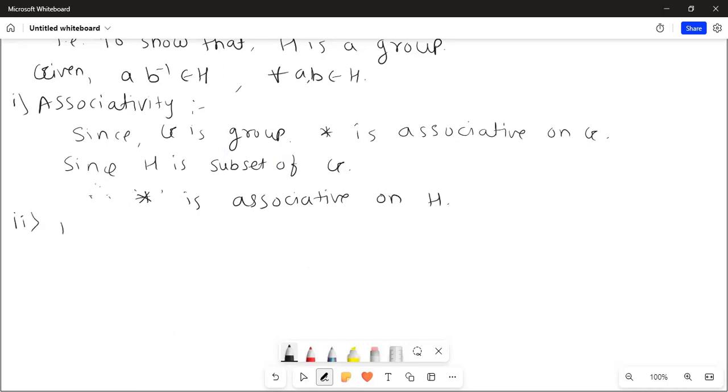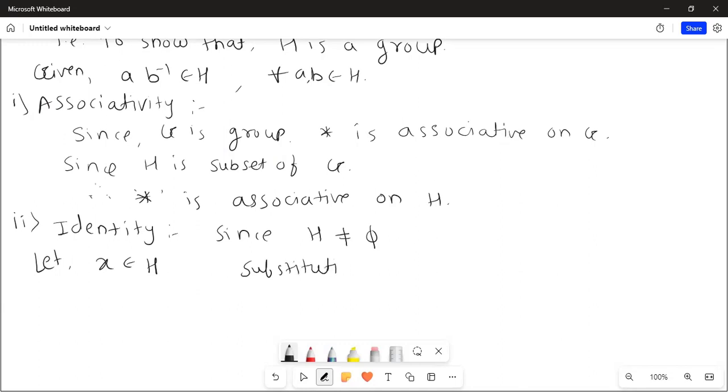Then second property हमें proof करनी है identity की. So identity में देखो, since H is a non-empty set, let x, suppose x consider किया है elements, x belongs to H, then substituting a, b, which is x in our equation, a·b inverse belongs to H. Then a·b inverse, which is equals to x·x inverse, which is equals to e.